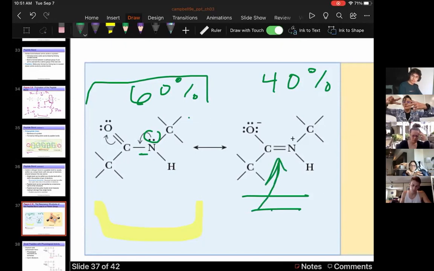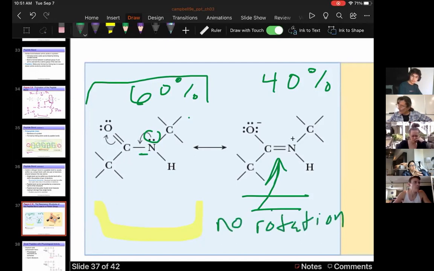And so, it's like a ladder, right? You can't twist the rungs of a ladder into a helix because the ladder is rigid. So there's no rotation there. And so that's what gives rise to it being planar and rigid, that double bond character. And so they know, even though it's a resonance structure, it still can't move because of the double bond. Yeah, so it's like 40% double bond, right?